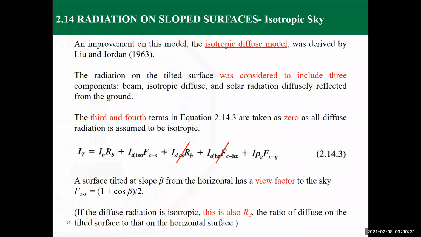Why are we doing that? Because again, we are looking for a simpler way to represent that IT, the total radiation falling. Remember that before the heavy use of computers, calculations were done by hand, and people wanted a quick way to calculate it, either from a simplified equation or using a figure.